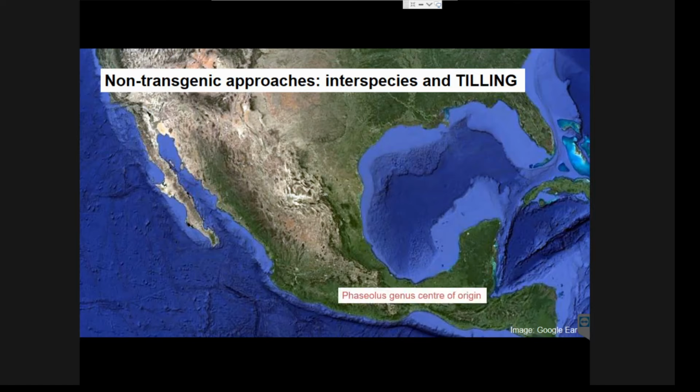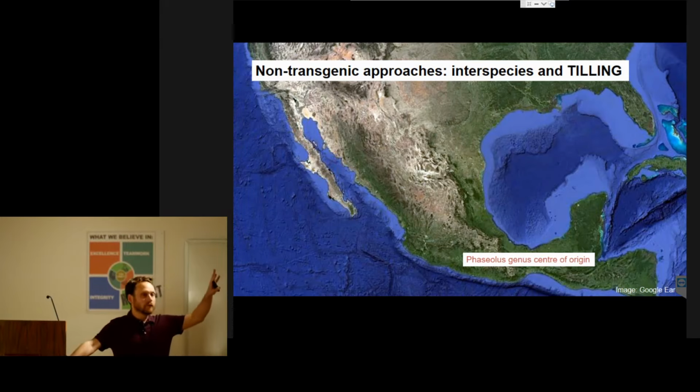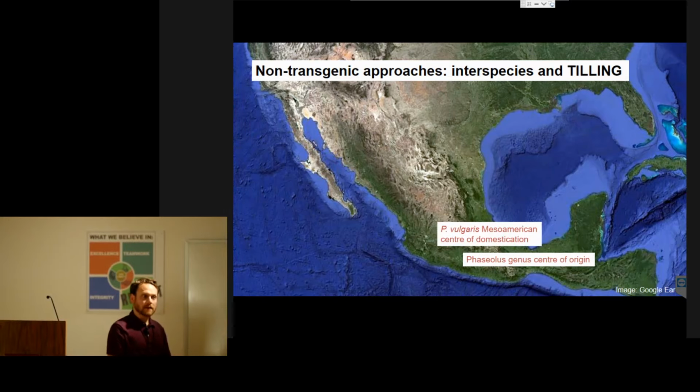So common bean, or Phaseolus vulgaris, the genus center of origin is southern Mexico, so probably Oaxaca, Chiapas. And its center of origin there then went on to go to South America and then go further north. And it was then domesticated in independent domestication events, both in North America, probably around Oaxaca, and in South America in the Andes.